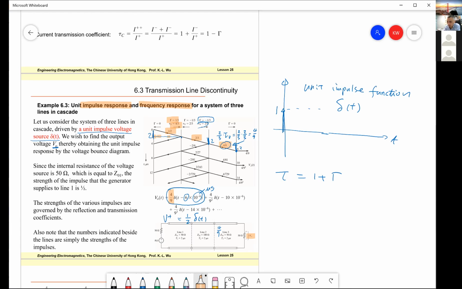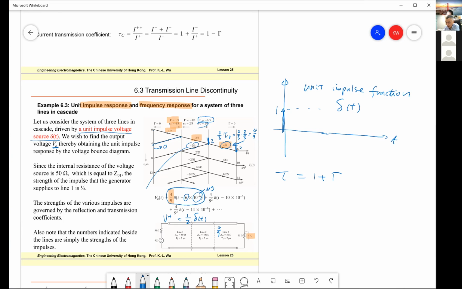Now, let's see the first reflection back to the source. Because the source is matched, there is no further signal coming back. This is the advantage, we can keep the problem simple. So the reflection there is 0. However, the second interface also has a reflection coefficient of minus 1/3, so we have 2/3 multiplied by the reflection coefficient.